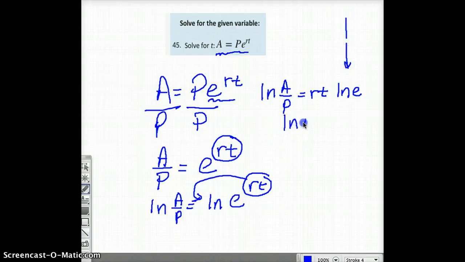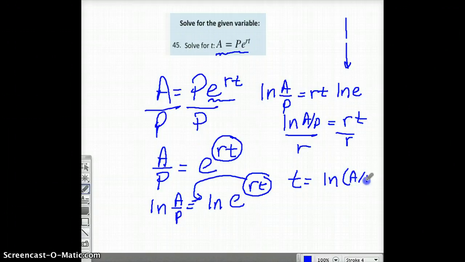So the ln of A over P is equal to RT. Can we solve that for t? Yes, we divide both sides by r. So t is equal to the ln of A over P divided by r. I hope that helps you out. If you are interested in working those particular problems at 15.3, maybe this explanation helped you out. I certainly hope so.